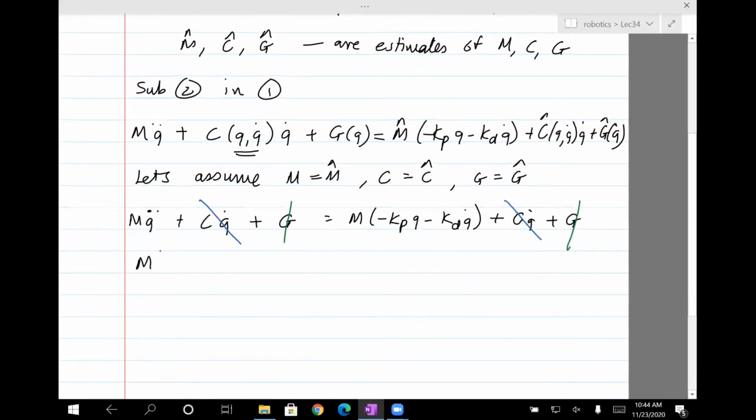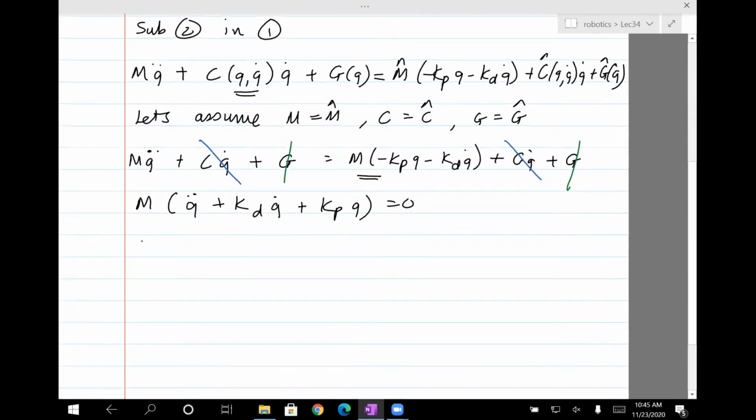I take this term on the left side to get M times q double dot plus KDq dot plus KPq equal to 0. Now, since the mass matrix is not equal to 0, I can say that q double dot plus KDq dot plus KPq equal to 0.